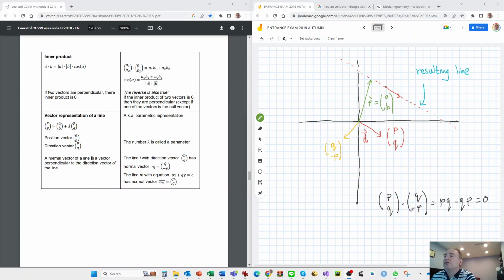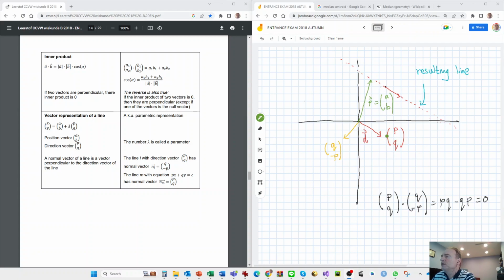And a normal of a line is a vector perpendicular to the direction vector. So let's say I want to find a normal. Normal means a line perpendicular to this line. I just need to find a direction vector that's perpendicular to this direction vector. And if it's PQ, then a vector Q minus P is actually perpendicular to this direction vector.